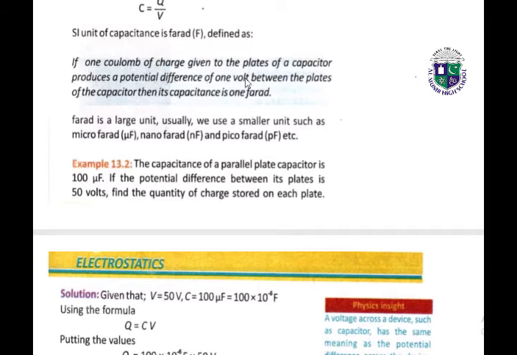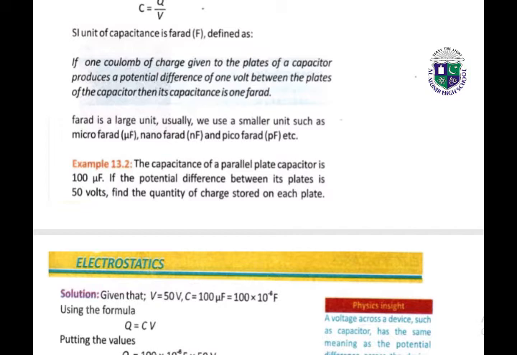It means that if 1 coulomb of charge is given to the plates of a capacitor and it produces a potential difference of 1 volt, then its capacitance is 1 farad. Farad is a large unit. Usually we use smaller units such as microfarad, nanofarad and picofarad.